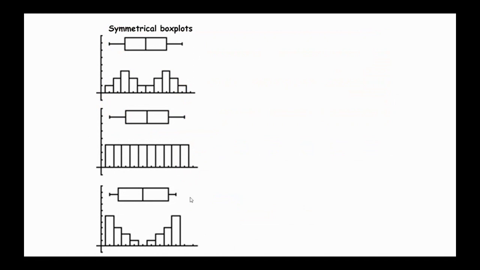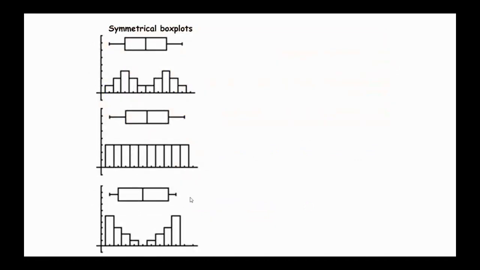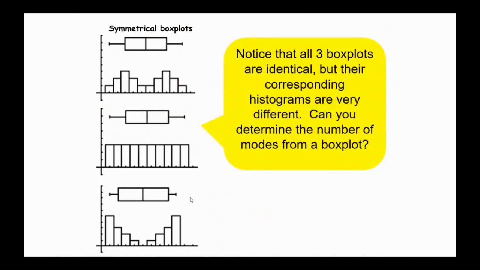Now, you may be wondering, how can he tell that it was skewed right just by looking at the box plot? Let's talk about skewness on box plots for a second. Ignore for a minute the histograms down here. Just focus on the box plots.